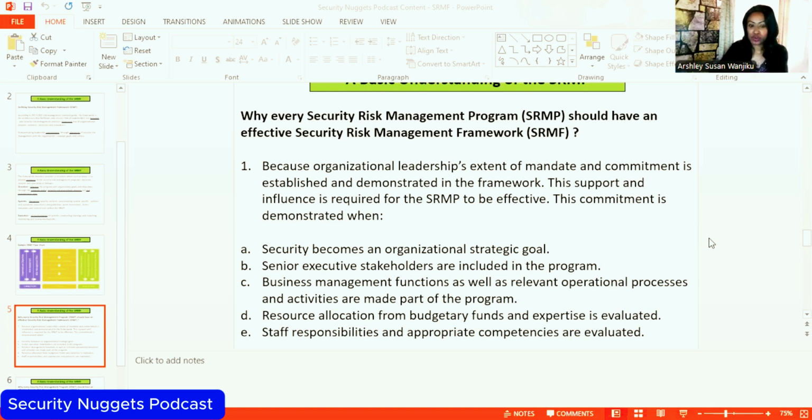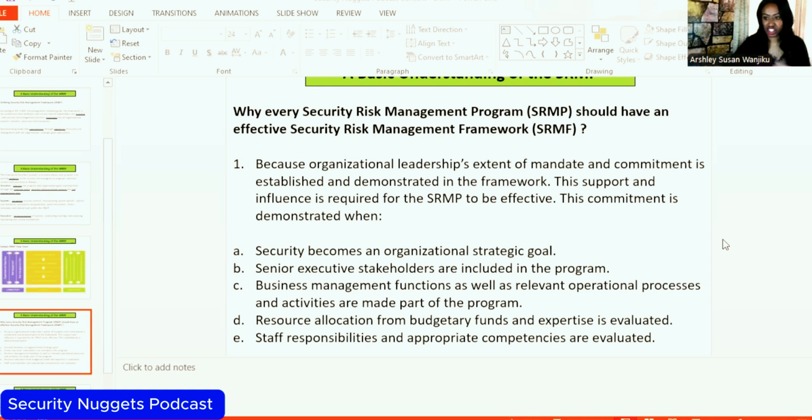You will agree with me that when the organization leadership has incorporated security within its strategies, they are going to be viewing security with a broader lens, okay? They're actually going to be viewing security not just as a loss preventative function, a function that's there to deter and prevent incident losses, okay?